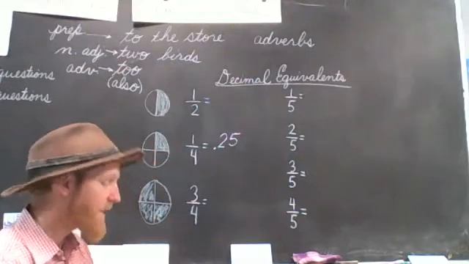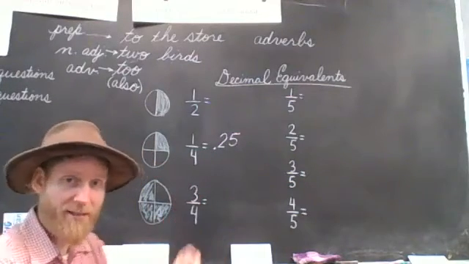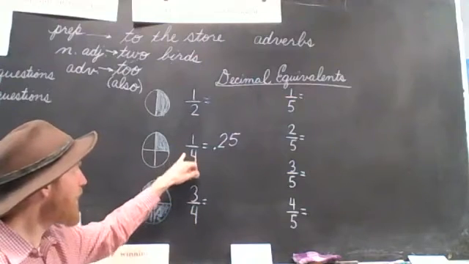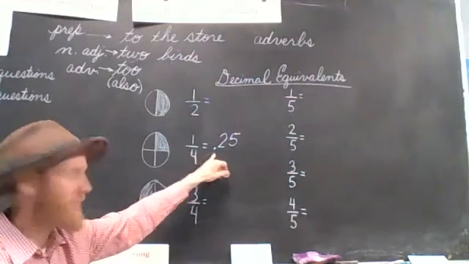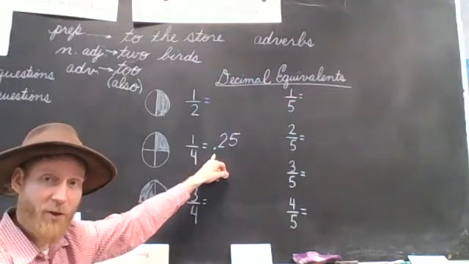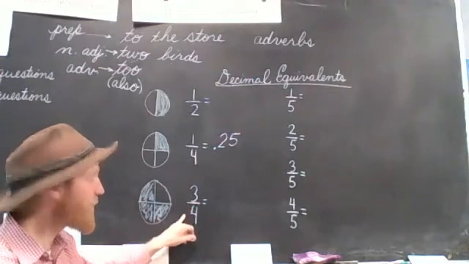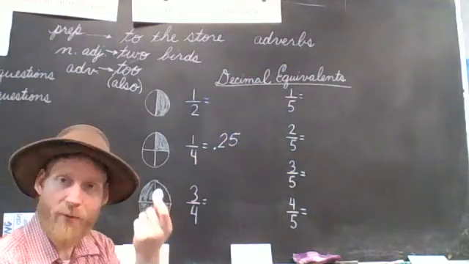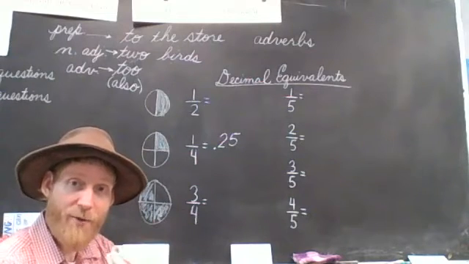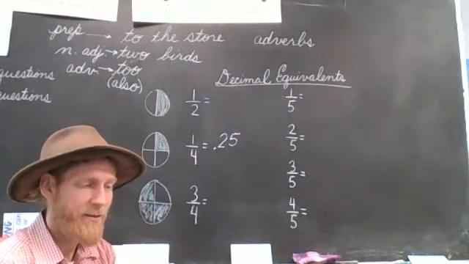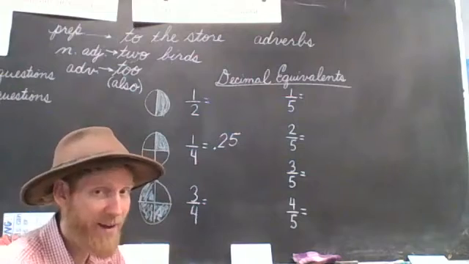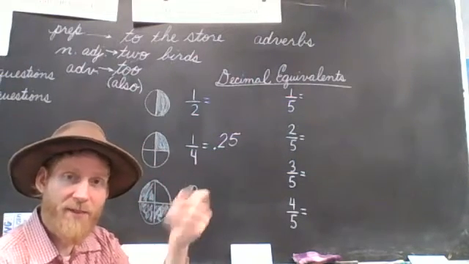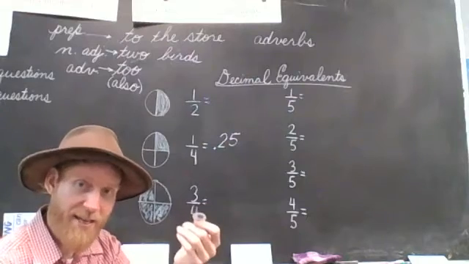We also, if we know that a quarter is 25 cents, look at our fraction 3/4. We have 1/4 of a dollar. What is 3/4 of a dollar? How much is 3/4? Did you say 75 cents? Yes, 25, 50, 75 cents, right?